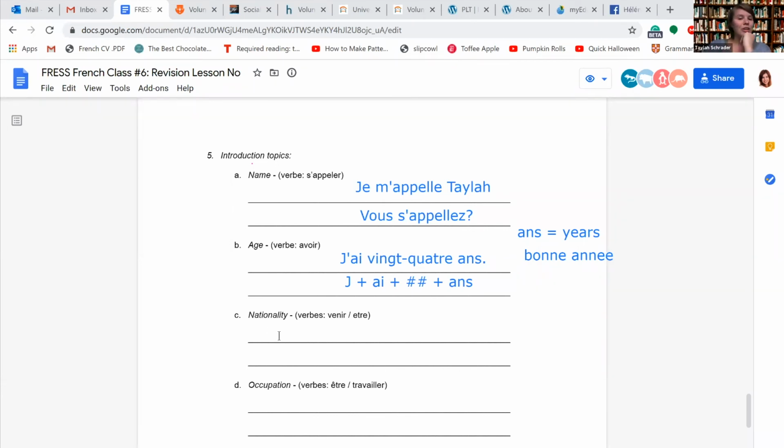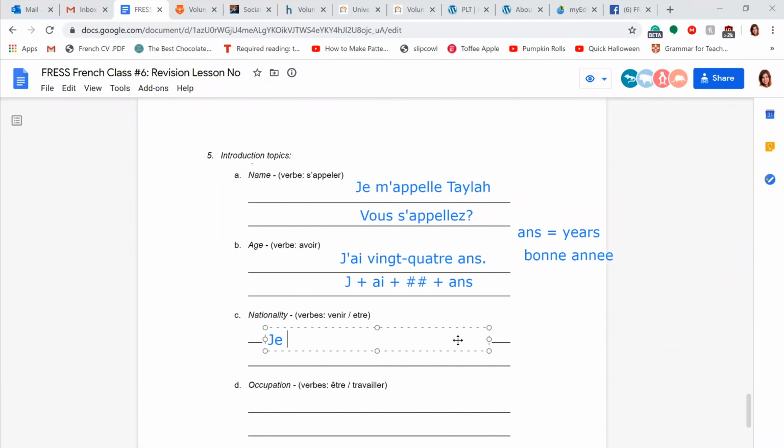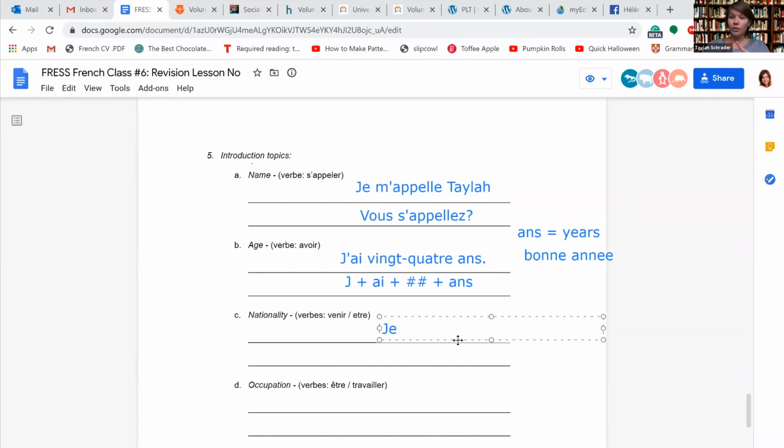Then you have nationality. So we have venir, which is, does anybody remember this verb? Je suis. That was être, very good. So venir is to come.